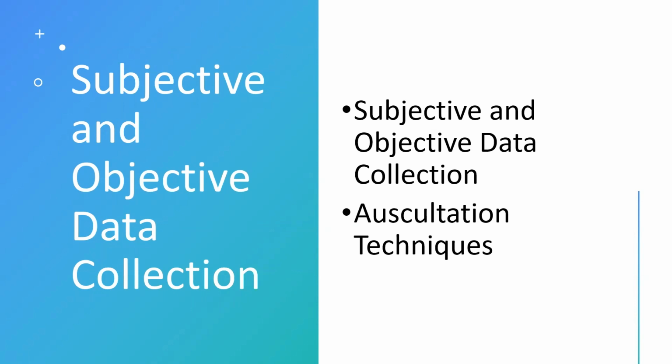Now, when you move on to objective data, you're going to inspect their body, palpate, percuss, and definitely auscultate. When you're inspecting the patient's chest, you're looking at their skin color, the shape of the chest, because you remember in class y'all are gonna talk about barrel chest. So what's the shape, the configuration of the chest? You're going to palpate the chest for tenderness.